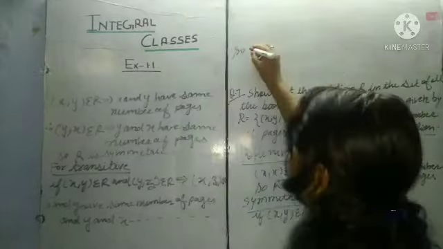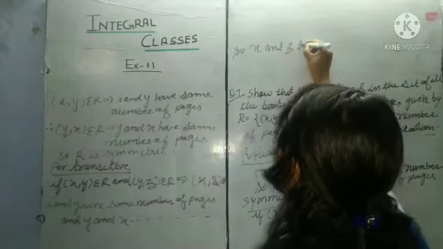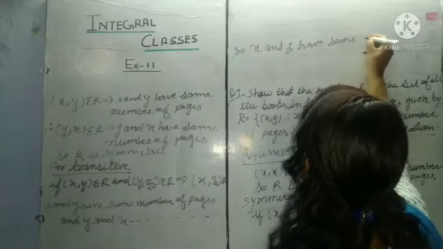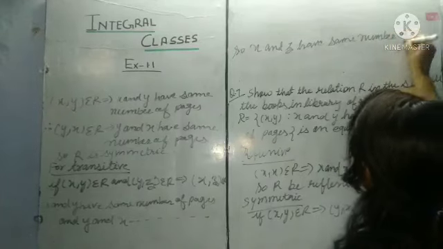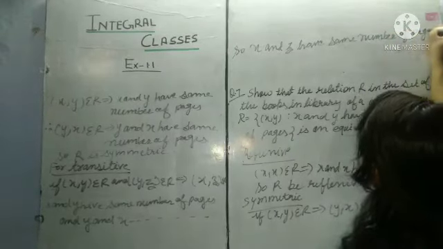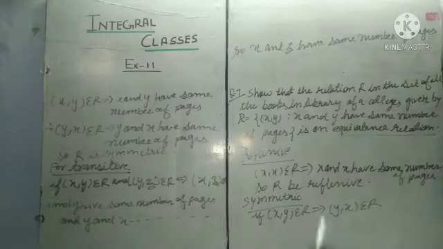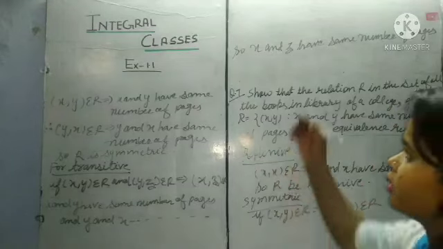So x and z have the same number of pages. So student, we have proved here R is reflexive, transitive and symmetric.